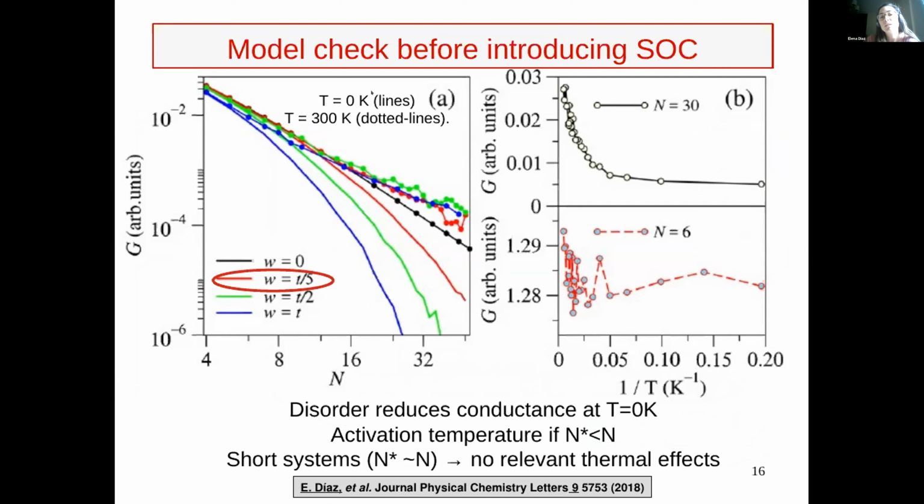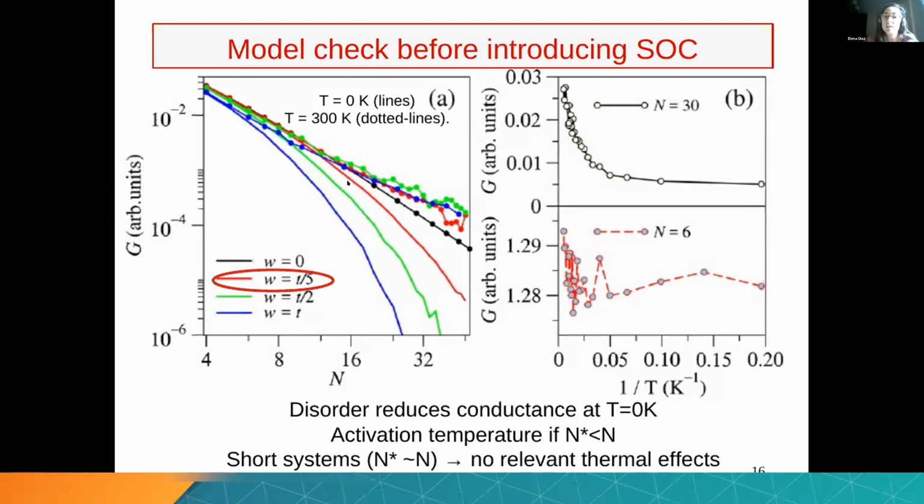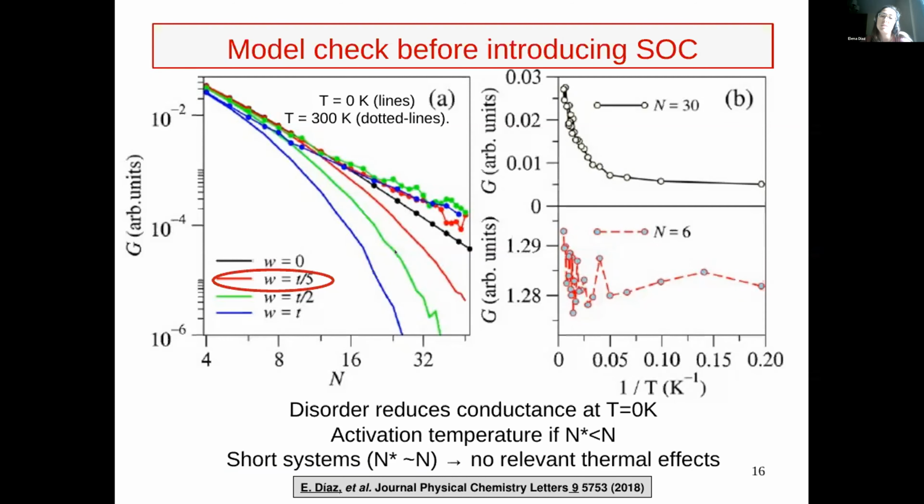And we consider 0 temperature and also room temperature. We can see that as we increase the disorder, if the temperature is 0, then the conductance will be highly reduced as expected because of the localization of the states. However, if the temperature is higher, then we can have these thermal activation paths, and then the conductance is not reduced.